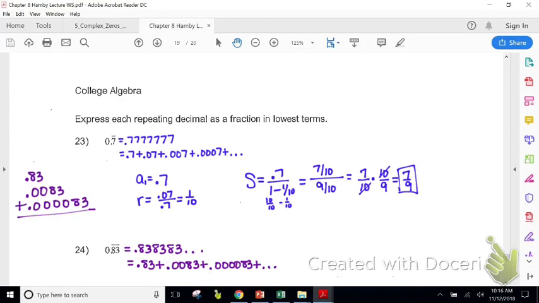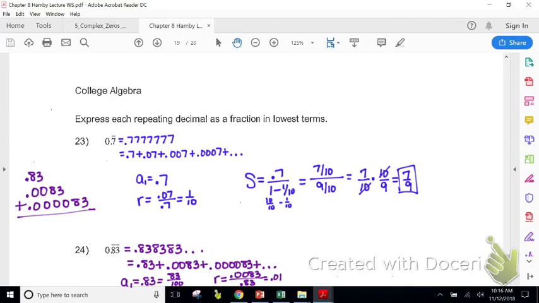So when I go to write out that first term, I could write 0.83, or I can say that's 83 over 100. And then my common ratio is going to be 0.0083 over 0.83, which is 0.01, or 1 over 100.